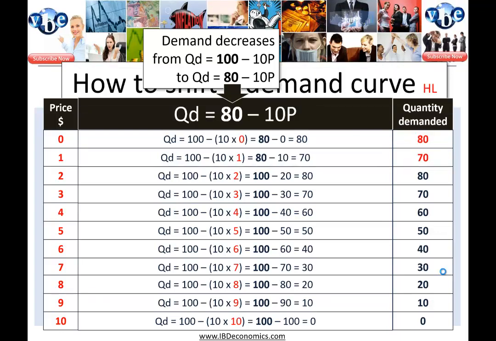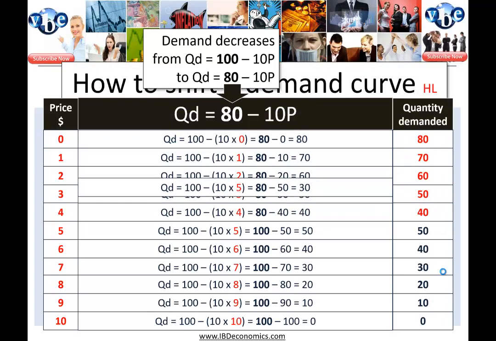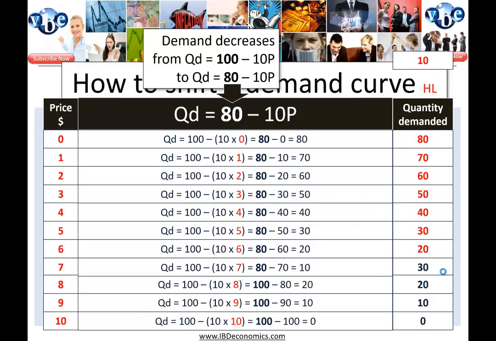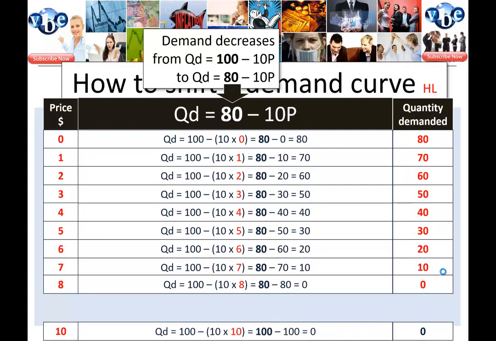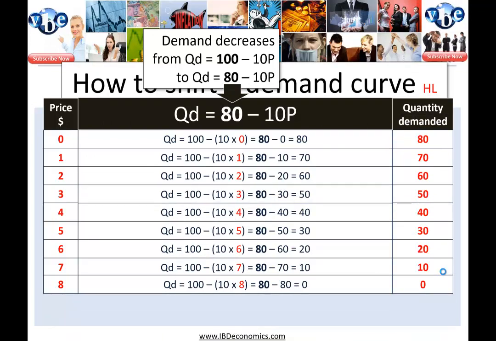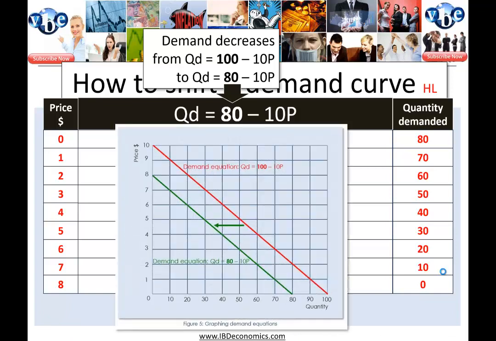We can go through and do our new calculations on the new demand function. So step by step, pretty easy. And if we go through and plot that information, this is exactly what we have. The original demand equation, quantity demanded equals 100 minus 10p. There's been a decrease in demand.